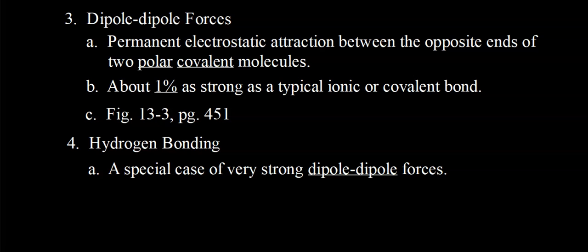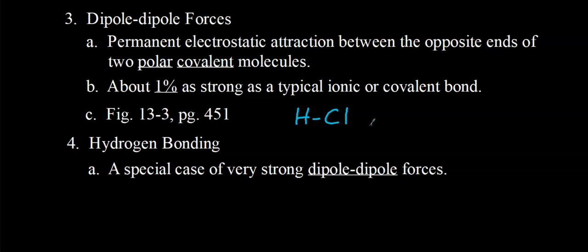I'm going to show you an example as well. Notice how the molecules line up. The partial positive end of one molecule is arranged close to the partial negative end of another molecule. Let me show you what I'm talking about here. Let's say we have a hydrogen chloride molecule.